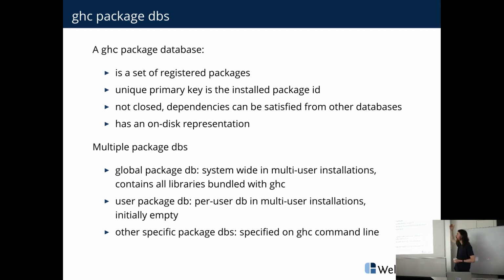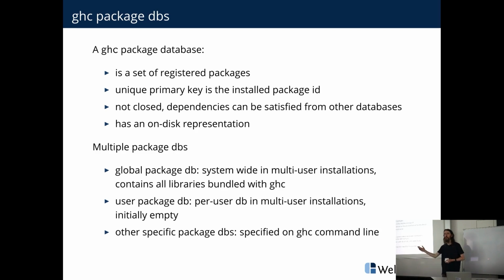There are multiple package databases. As I said, there's the global one, which is system-wide in multi-user Unix installations, and it always contains base and RTS and the things that are bundled with GHC. There's a user package database, which is less used than it used to be. This used to be another really important one, but it's less so these days. It starts off empty when you first install GHC, and it's per user.